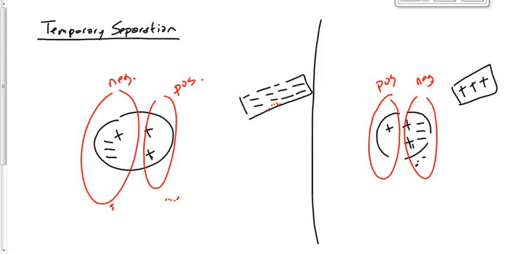This negative attracts this neutral because when that separation of charge is created, the sides that are closest are opposite. So charged attracts neutral because opposites attract. Positive is attracted to negative. Does that make sense?